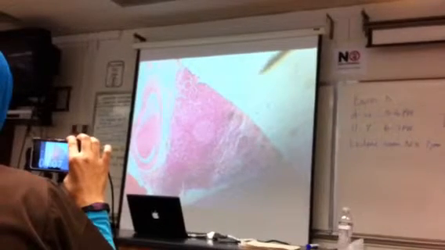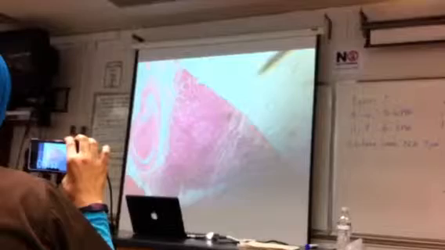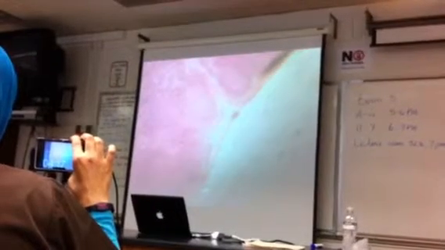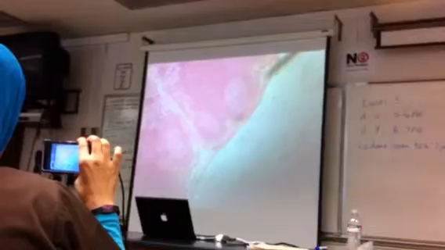Looks like a blood vessel. Alright. Well, anyway, this is a lymph node, and let me see what I can find on it for you guys. Not too bad. This is a little better. This is low power, by the way.